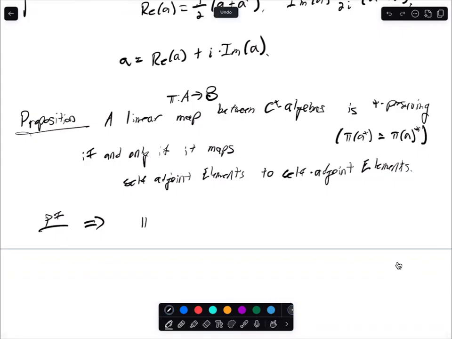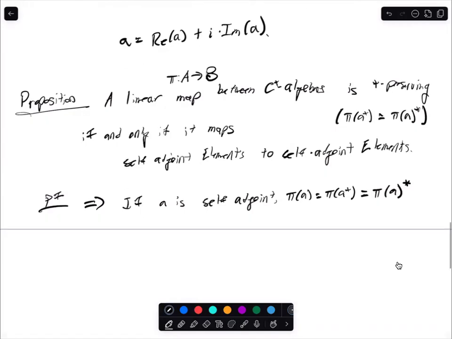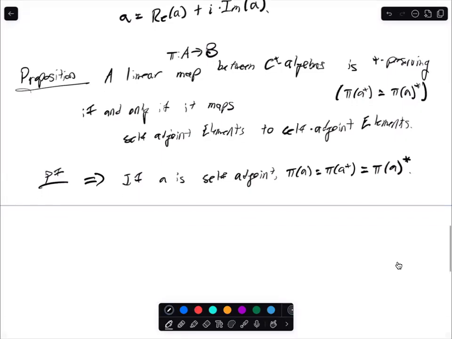If A is self-adjoint, then pi of A is pi of A star, and as it preserves stars, that's pi of A, the whole thing starred. Yeah, that shows pi of A is self-adjoint.